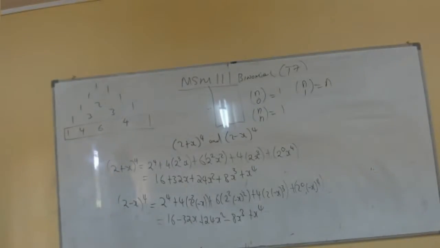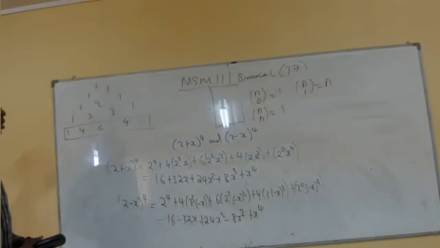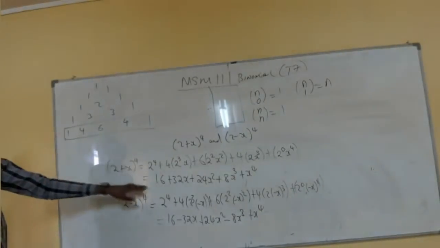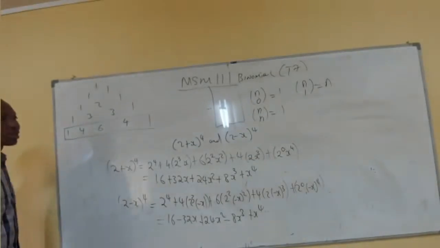So how do we go about the next part of the question after that? Now we've been asked to find, these are the two expansions in question. We have 2 plus x to the power 4 is this, and 2 minus x to the power 4 is given as this.